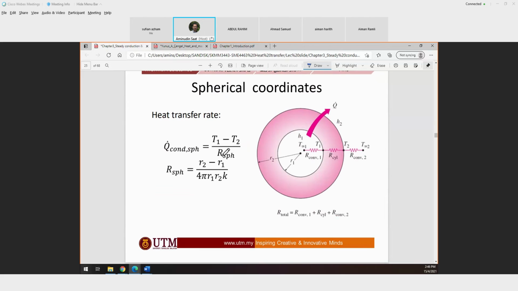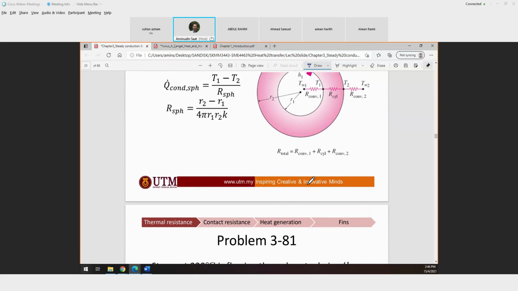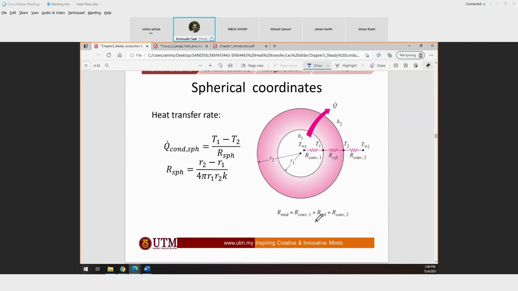How about sphere? Same thing, using the same concept in spherical coordinates. For the spherical coordinate, the only difference is the conduction resistance and the area. Let's say this is your spherical system or spherical shape geometry.